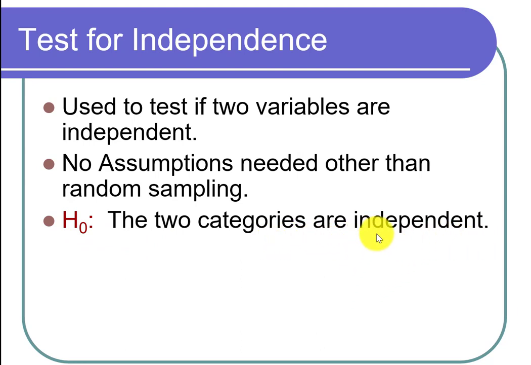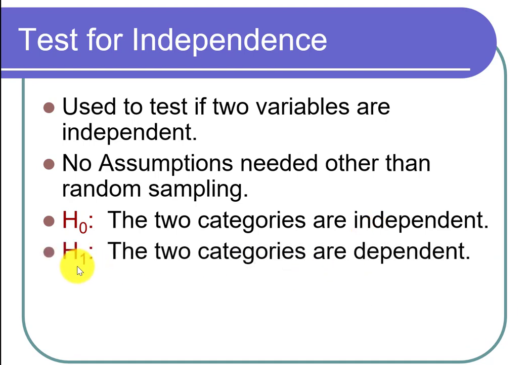And the opposite of independent is dependent. So H1, the alternative hypothesis, is the two categories are dependent. That's all there is to it. So don't forget, H0 is about being independent. H1 is about being dependent. Don't get those two confused, because then you're actually saying the opposite, which you don't want to do.